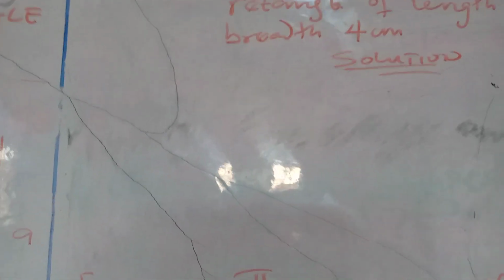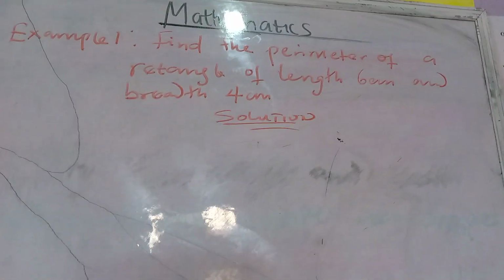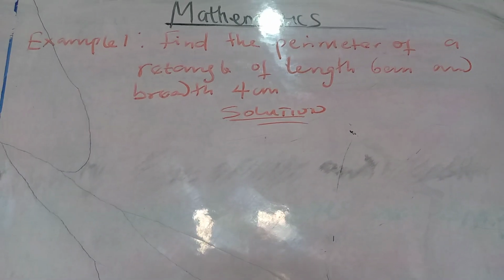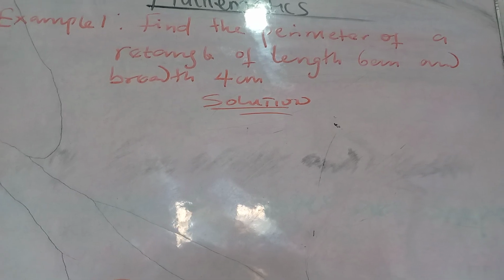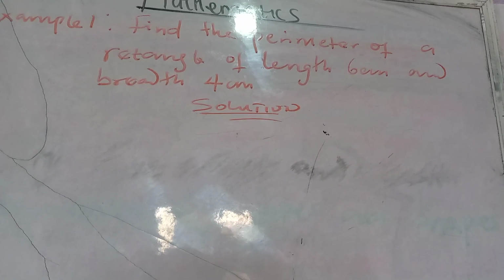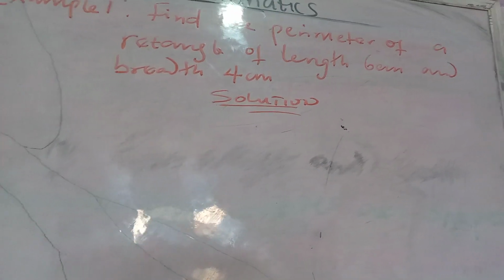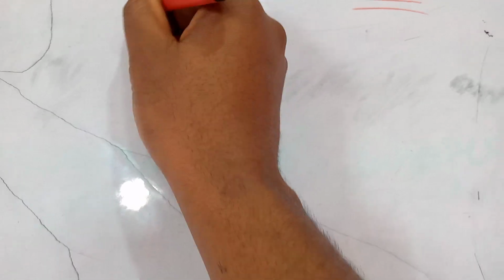In example 1, the question is, find the perimeter of a rectangle of length 6 centimeter and breadth 4 centimeter. What are you going to do? The first thing you do here is write the formula. What is the formula?